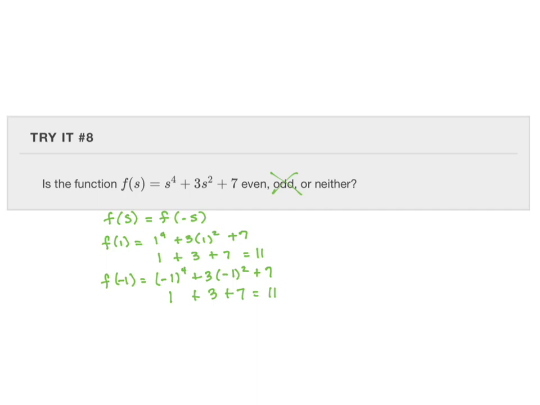So since we got the same thing in both places, we got 11 equals 11. Now we know this function is even. Had we gotten different numbers, flip the second one. That would test if it was odd, right? If it's not odd and it's not even, it's neither. And that's a possibility. You're going to get a neither.